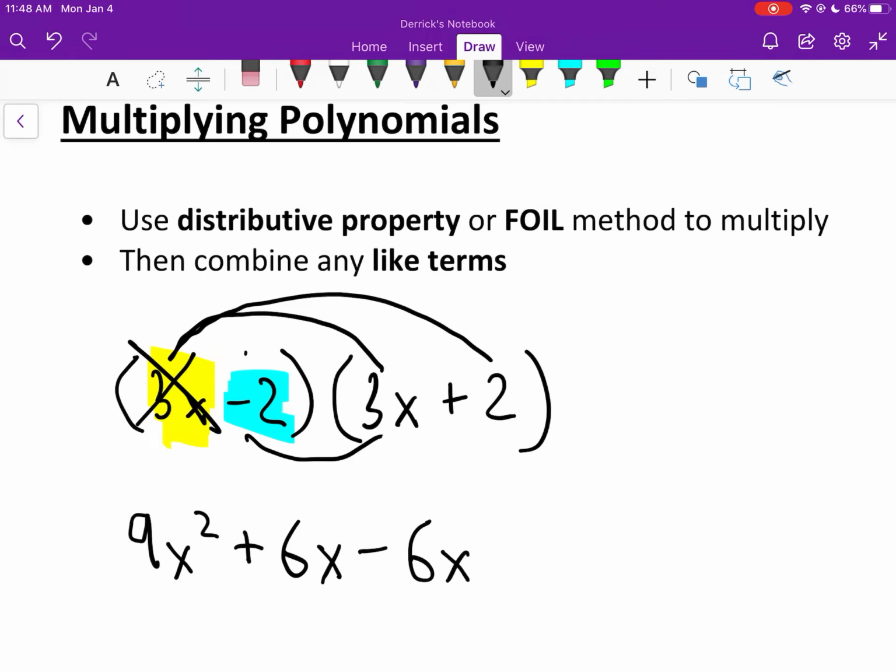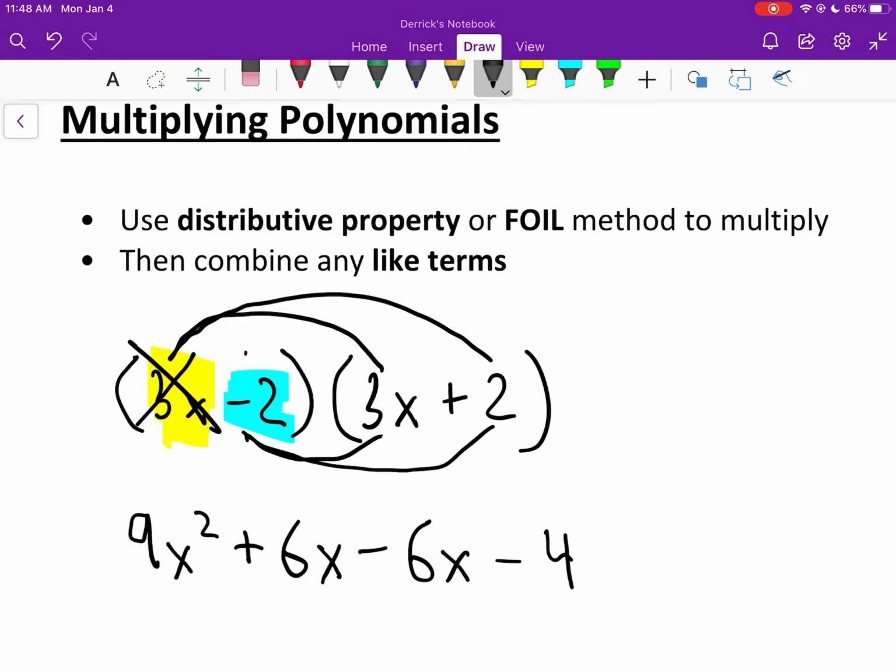And again, the x is pretty much just along for the ride because it doesn't have any other x's to multiply to. Then we're going to take negative 2 and distribute that to positive 2. Negative 2 times positive 2. Remember, a negative times a positive is a negative. And 2 times 2 would give us 4. That is all you have to do as far as the multiplying part of this.